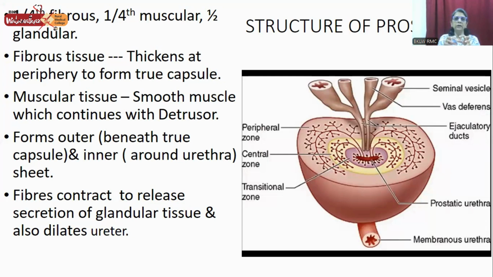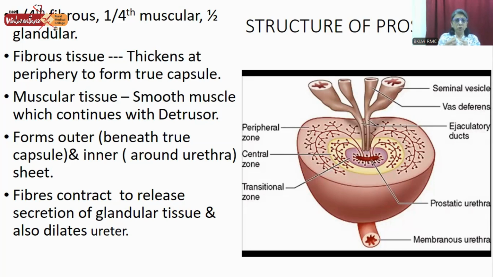The smooth muscle within the gland also continues above to form the detrusor muscle. In the gland, the muscle fibers form 2 layers: one beneath the capsule, the outer layer, and one around the urethra, the inner layer.